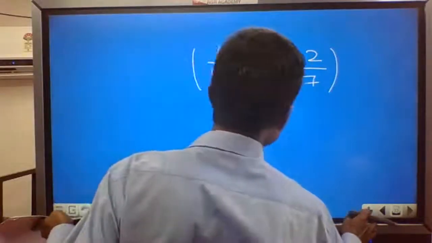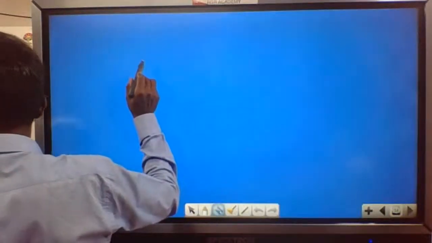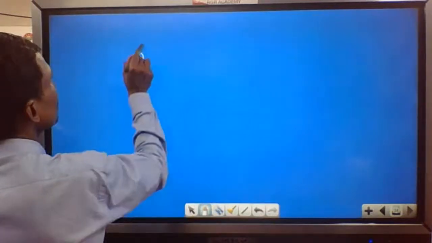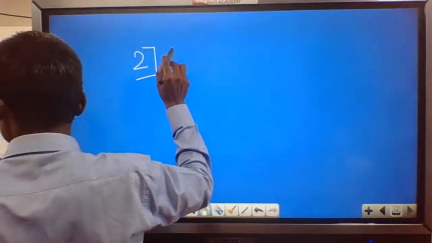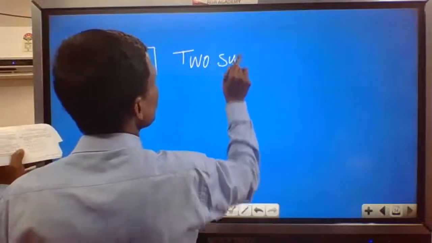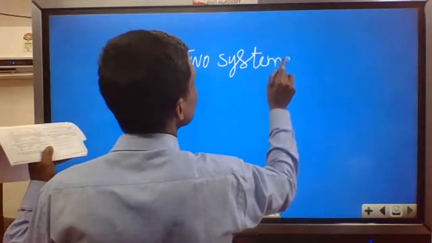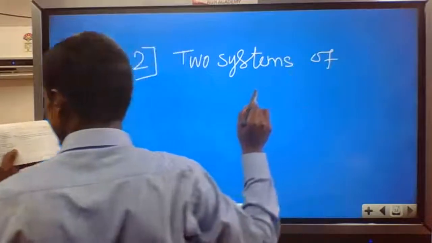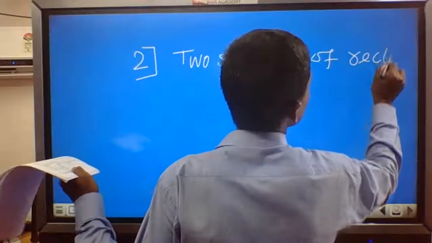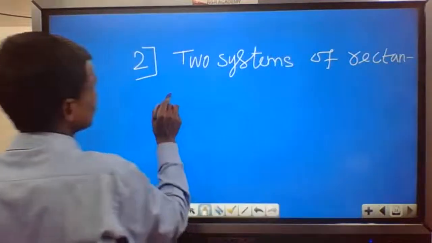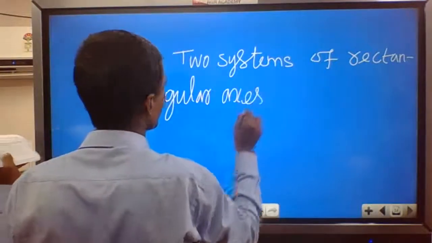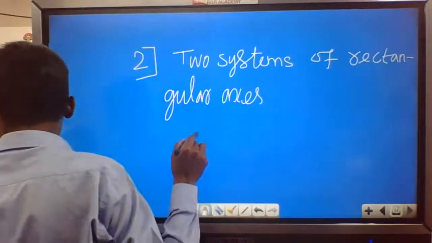The next problem: two systems of rectangular axes have the same origin.